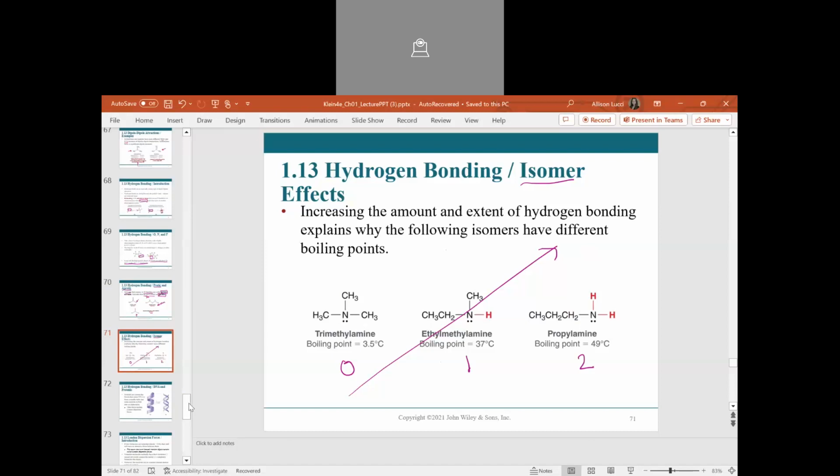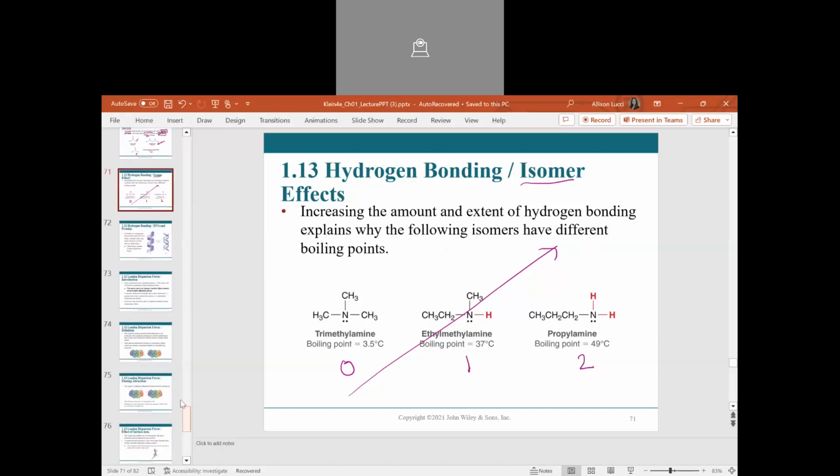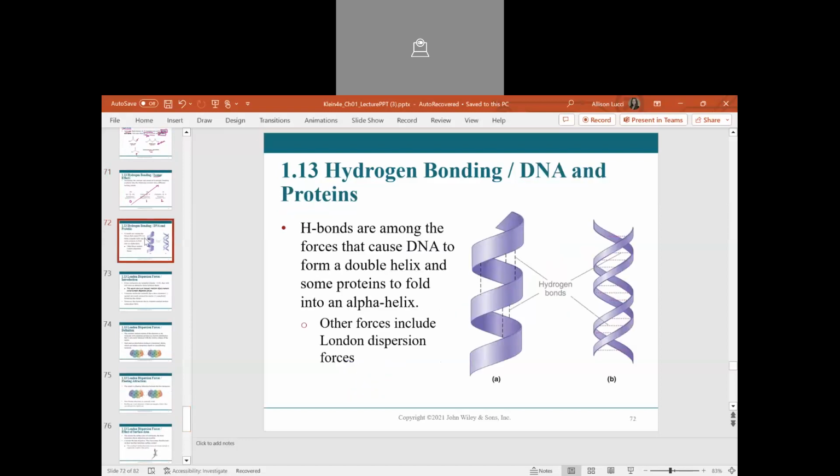So you should know how that intermolecular force, specifically hydrogen bonding, affects boiling point. We'll just quickly look at this. H bonding is definitely one of the contributing forces within your DNA. So that's important, in addition to this alpha helix protein folding that can occur with hydrogen bonding. There's sulfide bonds in there as well, different proteins.